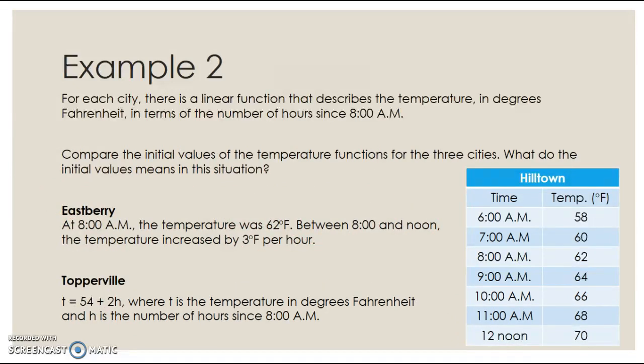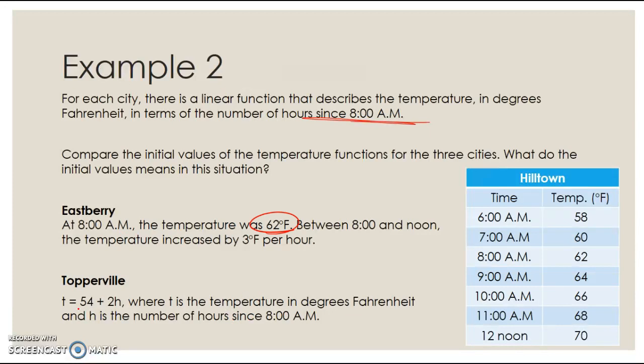So example 2, same situation, it's just now we're going to compare the initial values of the temperature functions for the 3 cities and then discuss what that means. And so keep in mind, we're talking about since 8 a.m. That's a big key here. So when we read Eastbury at 8 a.m., the temperature was 62 degrees, so that's our initial value there.